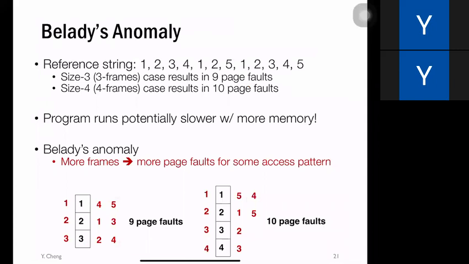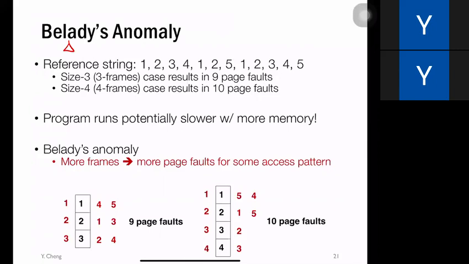This scenario is also called Belady's anomaly. And remember the noun here, Belady. Belady was an IBM researcher, and he has contributed a lot to page replacement and memory cache management research.